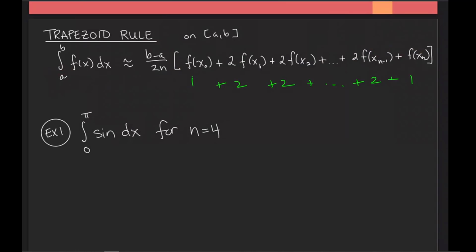Then you have these x amounts, x sub 0, sub 1, sub 2, and whatnot, changing by delta x. And delta x is just b minus a over n. So n is whatever number of trapezoids it tells you to do.